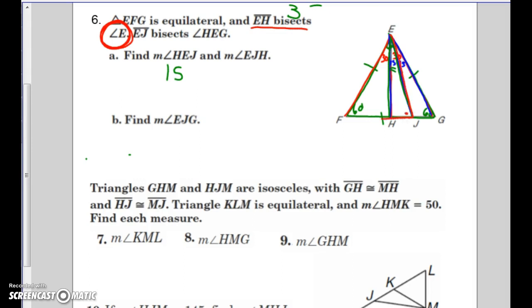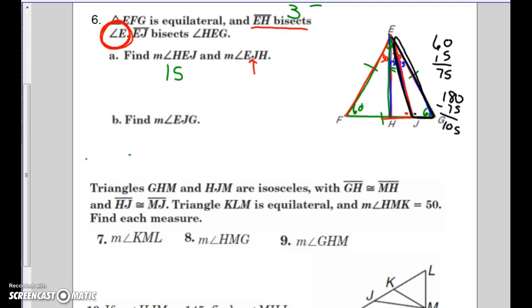Then it says, how big is EJH? EJH is this angle right here. Remember, J is the vertex, it's in the middle, right? Is it going to be 30? Nope. Hey, this is a triangle, right? How big is a triangle? 180. So I have 60 and I have 15, which is 75. 180 minus 75 is 105.